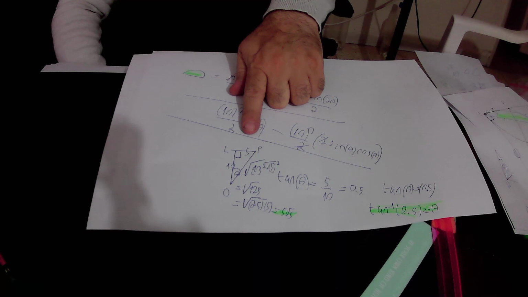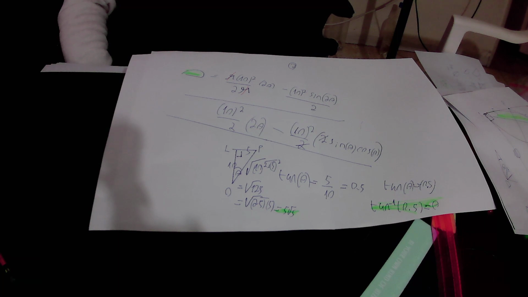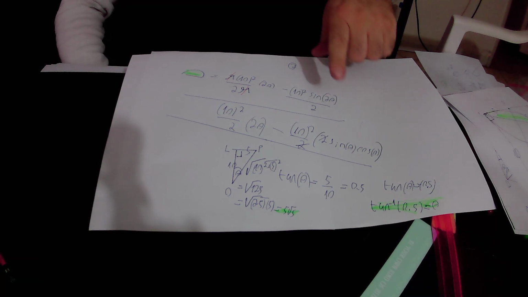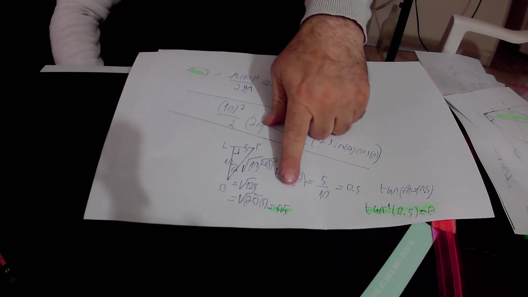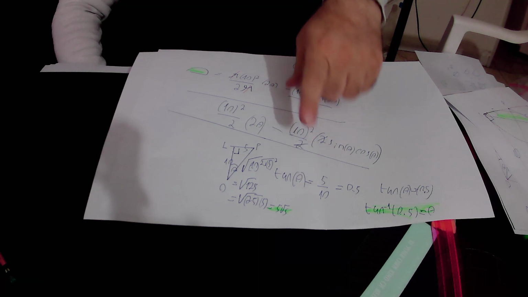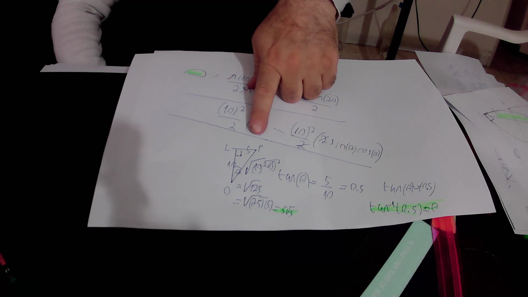So we took the root of this equation and found that the hypotenuse equals the square root of 125, and 125 is 25 times 5. The square root of 25 times 5 is 5 times square root of 5. So in conclusion, the hypotenuse PO equals 5 times square root of 5.